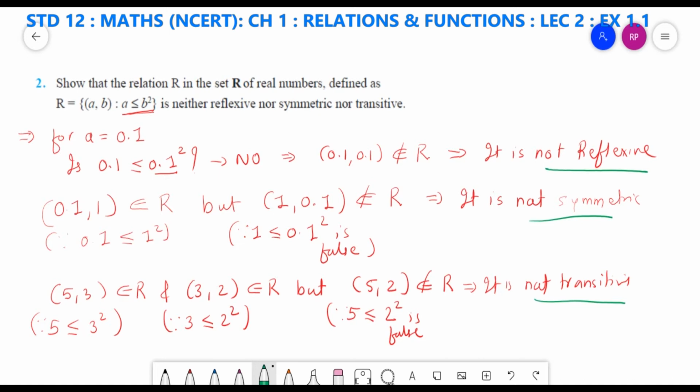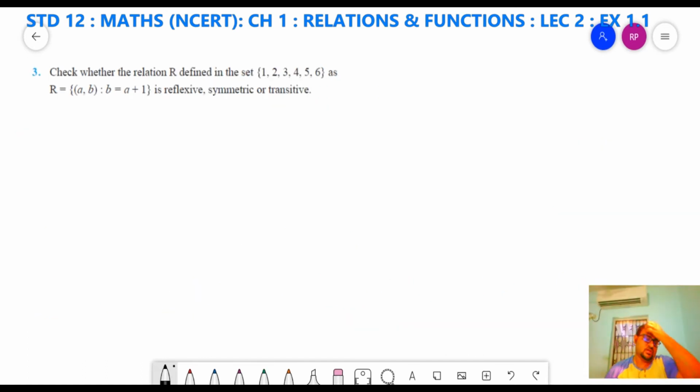Now let's move to the next question, that is question number 3. Check whether the relation defined in the set {1, 2, 3, 4, 5, 6} as R equals (a, b) where b is equal to a plus 1 is reflexive, symmetric, or transitive.